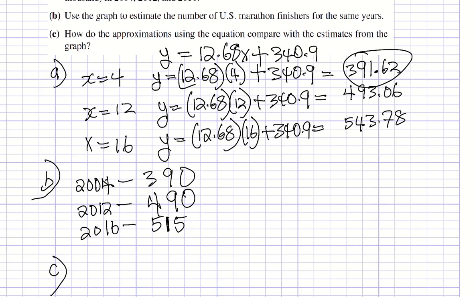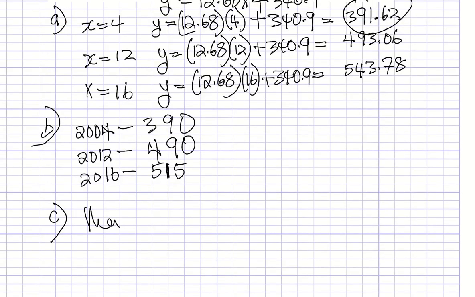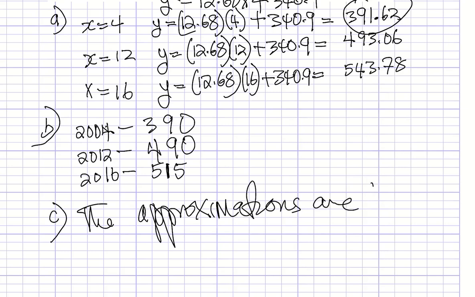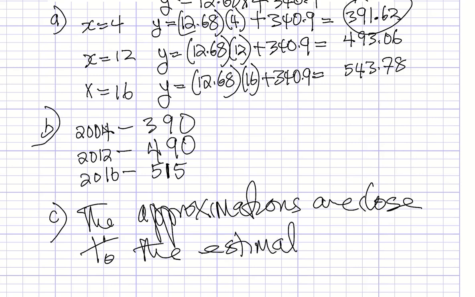I don't know how else to read that thing. Let's say the approximations are close to the estimate from the graph. That's all we can say, because if you look at them, 490, they're not too far.